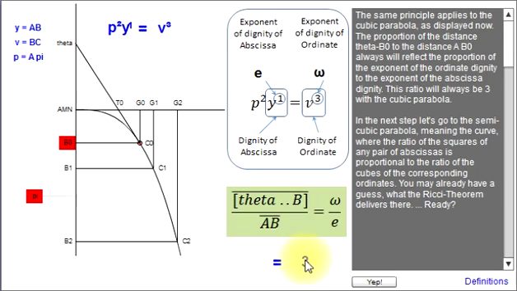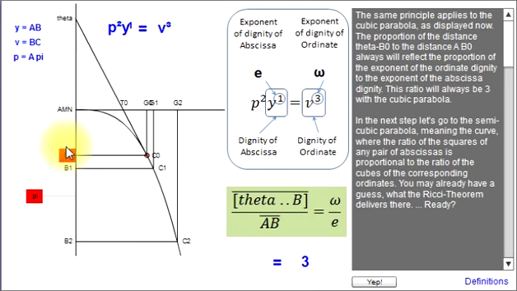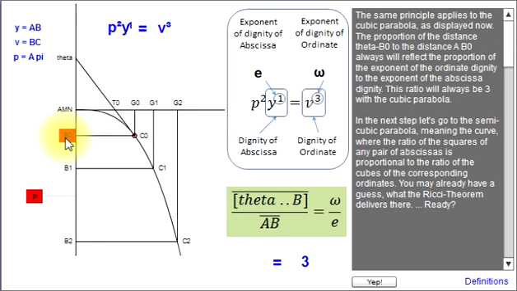So this is giving us a ratio of 3. And we can visually verify that this is actually true. So theta b is indeed about 3 times as long as the distance of the abscissa a b.